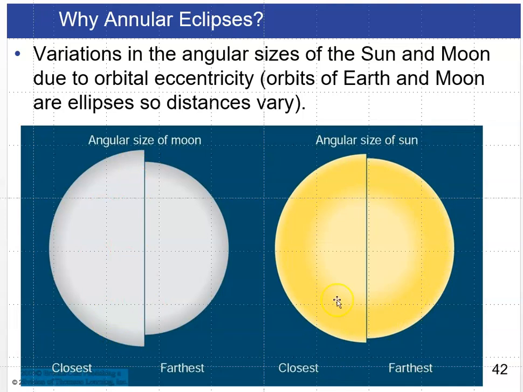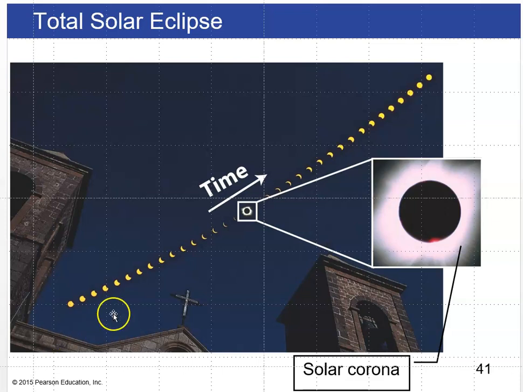If instead you have the sun closest when the moon is furthest away, the moon's angular size is not large enough so that its disk covers the disk of the sun. Then you get an annular solar eclipse. What's that look like? Instead of this, where you have the disk of the moon covering the disk of the sun and all you see is corona, the face of the sun peeps around the edges here, makes like a ring, and that is why it's called annular.